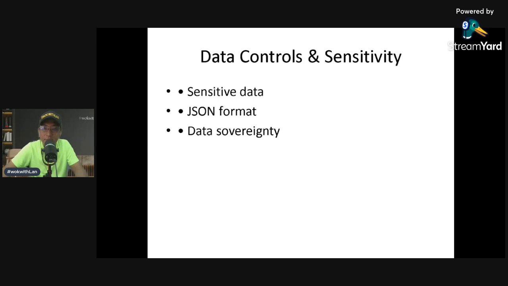JSON format is a human readable data format commonly used in APIs. Data sovereignty refers to laws that require data to be stored and processed within a specific country. There are countries that require their citizens to store their data on their own premises or within their own country, for example.